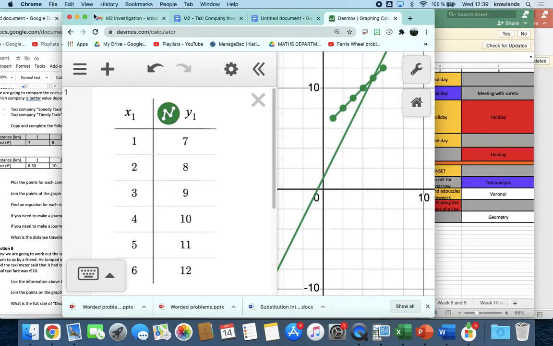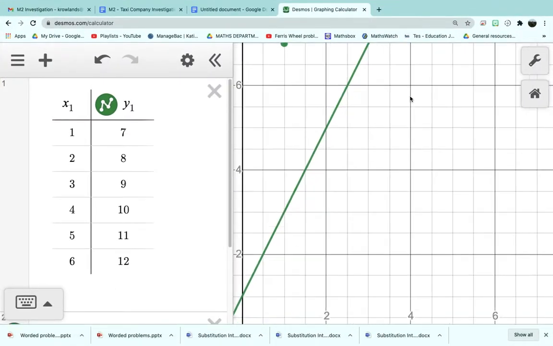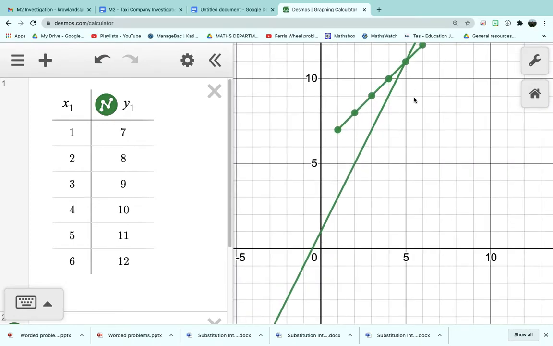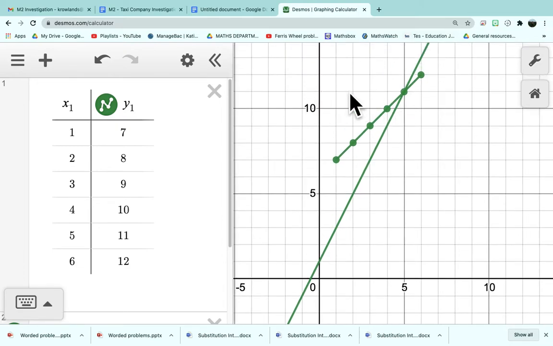Now these two graphs are very interesting because at one point, for an equal distance of 5, both the taxis are the same cost, which is 11, but beyond this distance of 5, this taxi becomes more expensive and this taxi becomes less expensive.